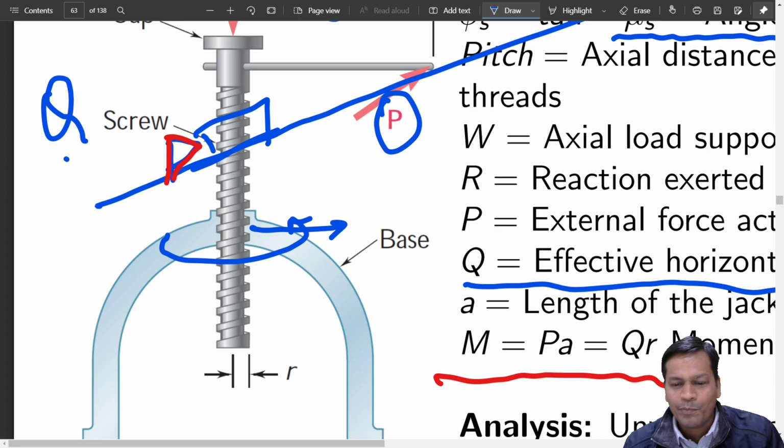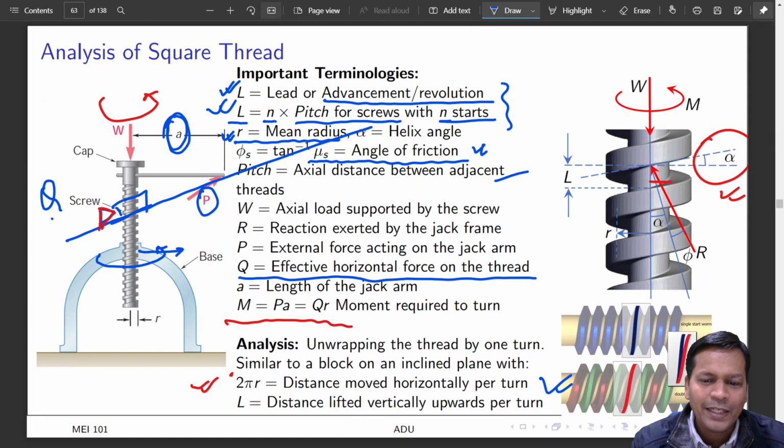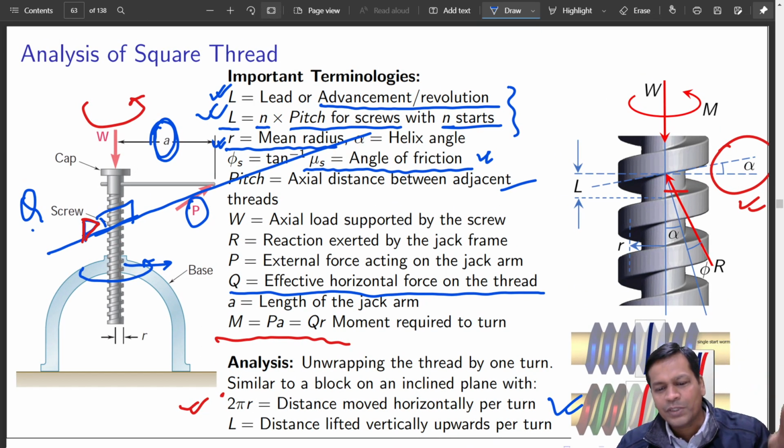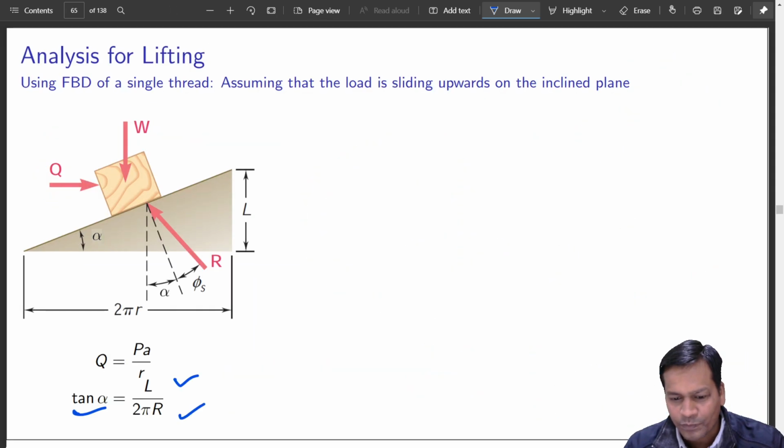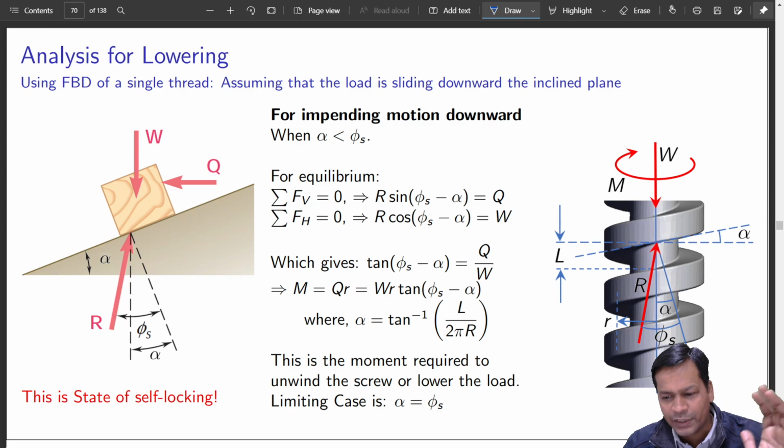Because while it is in motion, you will already get a friction which is lesser than static friction. So if static friction is analyzed, kinetic friction will be dealt with in no time. So we want to statically analyze this system. Anyway, let us move ahead.